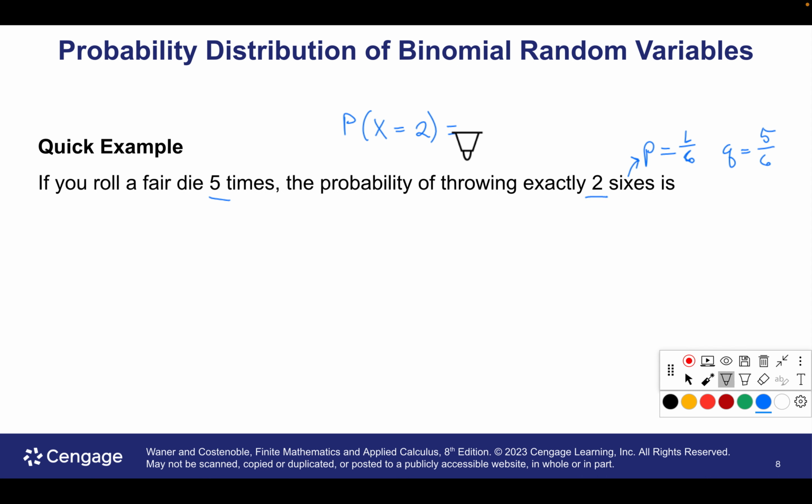From the formula, we know we've got 5 choose 2 successes. So that's going to be how many ways? We've actually already done that. That was 10. We could plug it in again. And then we're going to get the probability of P, which is 1/6. How many successes are we looking for?